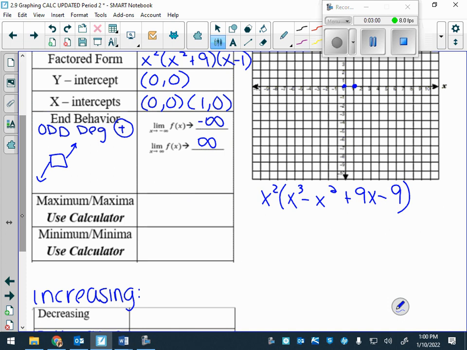Yes, enter. So what was our maximum? Blake, what was our maximum? 0, 0. Okay. And our minimum would be what, Sabrine? Okay. Assad. Minimum.